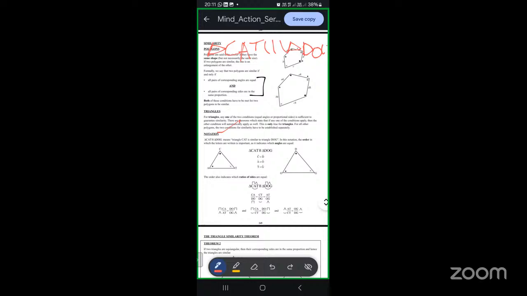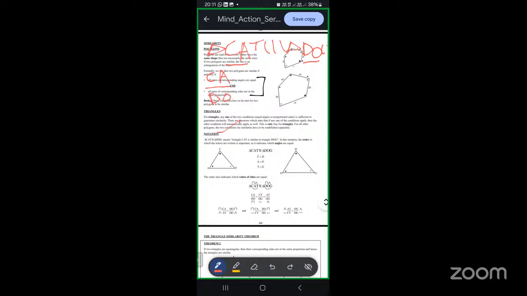You take the first two letters on the first triangle, CA, over the first two letters on the other triangle, DO. You're going to say CA over DO.